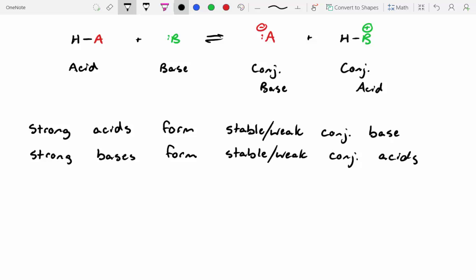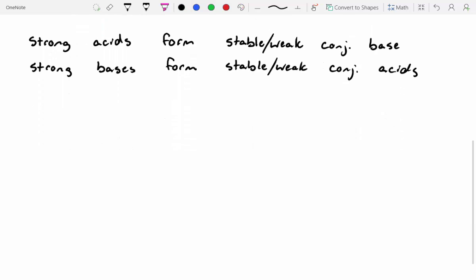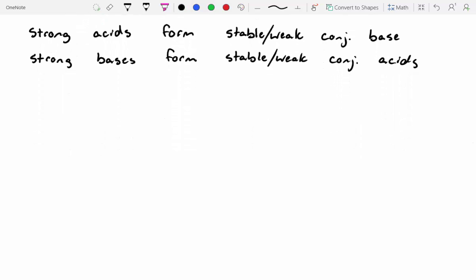It would rather hang on to it. It's going to be nice and stable. In fact, it's going to be a really weak acid because it doesn't want to give that proton back. Does that make sense? A little abstract. We're talking about things with A's and B's. But let's define our equilibrium a little bit. I know some of you got this drilled into you, but let's practice.